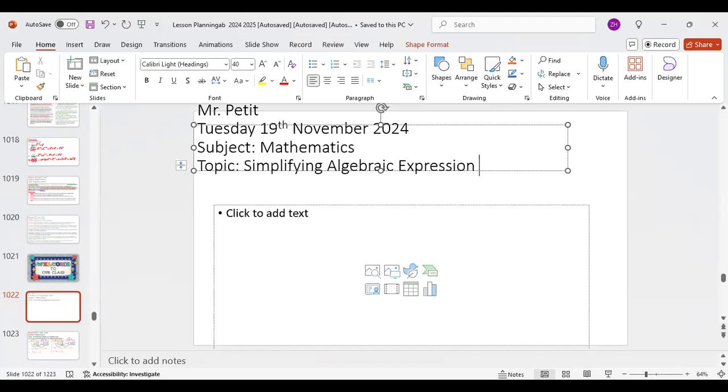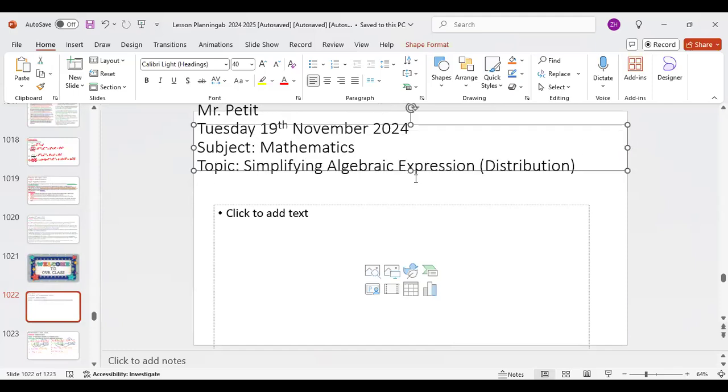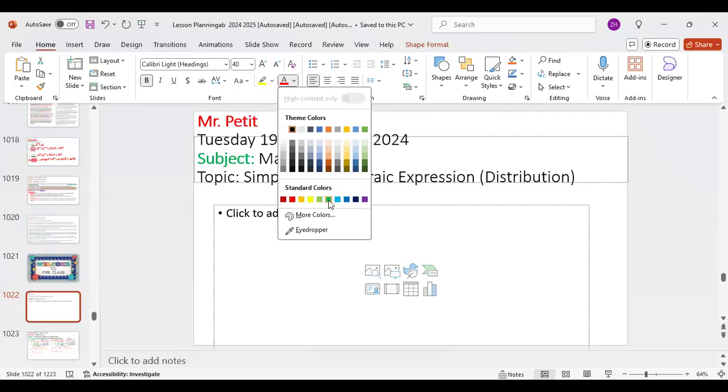We really want to focus on distribution today, the distribution property. Oh, did we finish our rules of indices? Yes, we finished that. So we're just going to be looking at how to simplify more algebraic expressions. That's what we're going to be dealing with today.